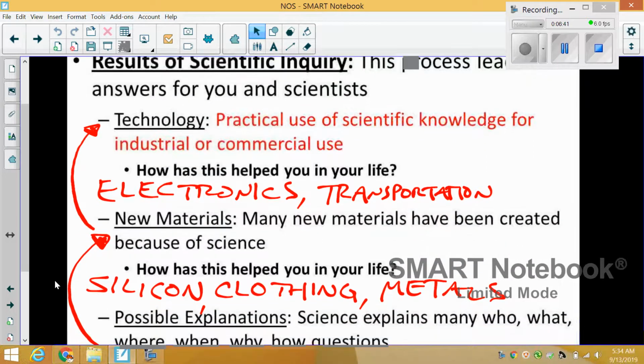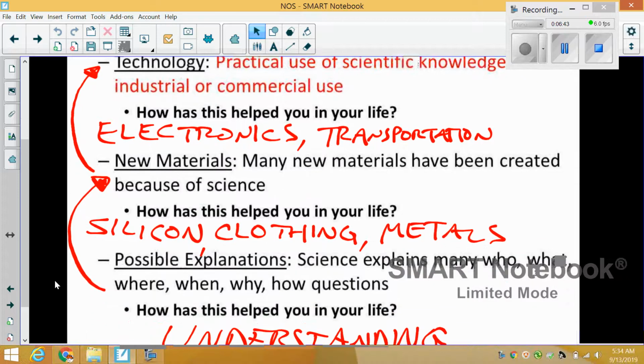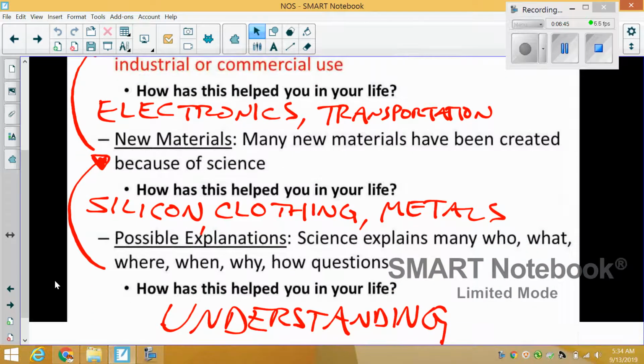So for this part, I'm actually going to start down here at the bottom. So, possible explanations. A lot of times, science works this way, where something new is discovered, and it's just an explanation of something. For example, a long time ago, Sir Isaac Newton figured out what gravity was, and he was able to explain it.